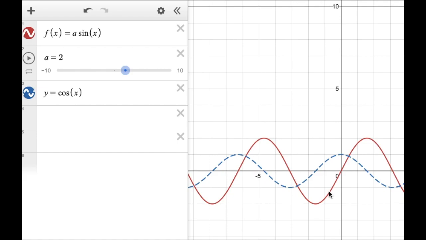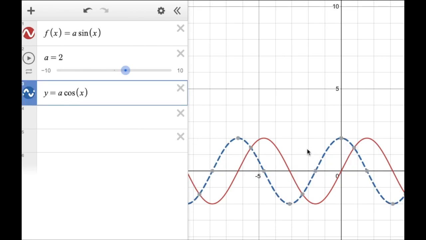Y equals 2 sine x is twice as steep as y equals sine x. So to mirror that, I'm just going to multiply my cosine graph by 2, and now this blue dashed line shows the derivative of the y equals 2 sine x curve.